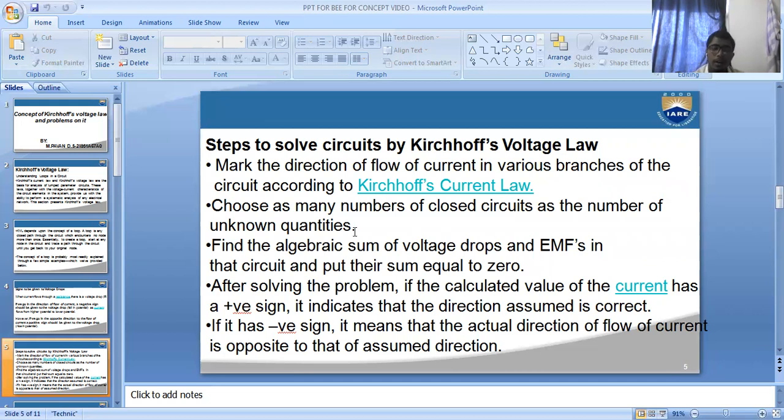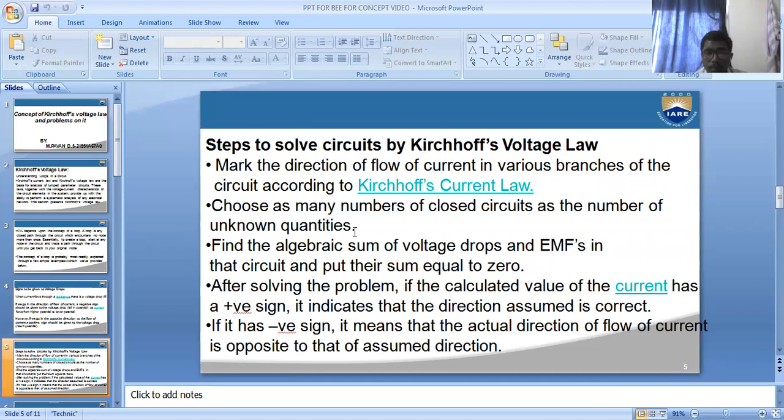Now, as we find the closed path, we need to see the direction, whether we are going along the current flow or opposite to it, and find the algebraic sum of voltage drops and EMFs in that circuit and equate it to 0.